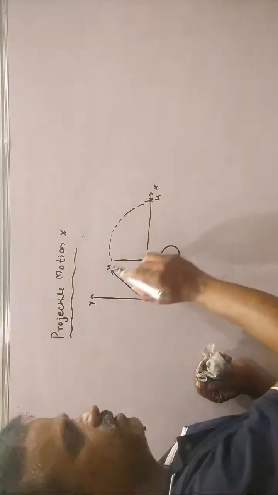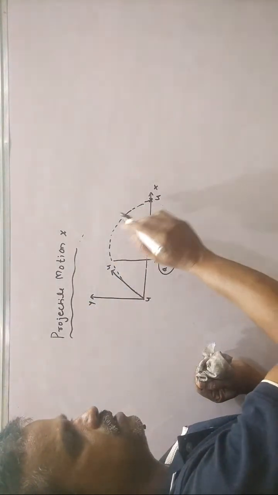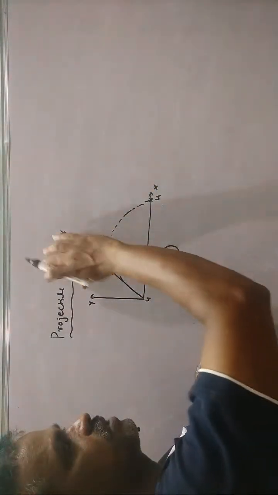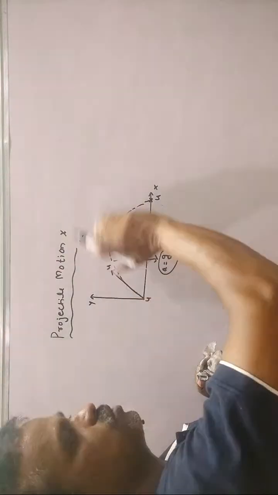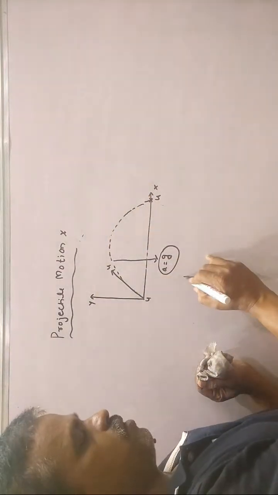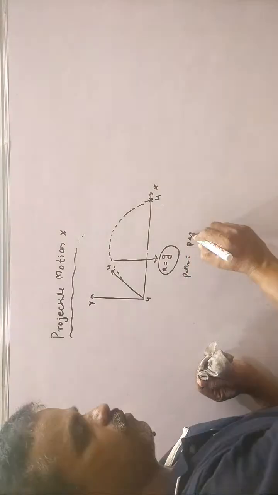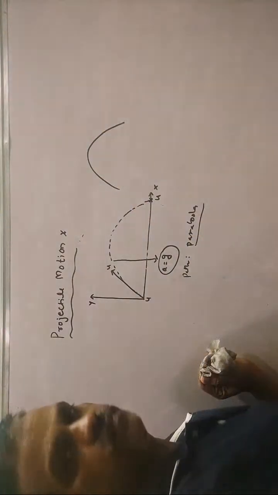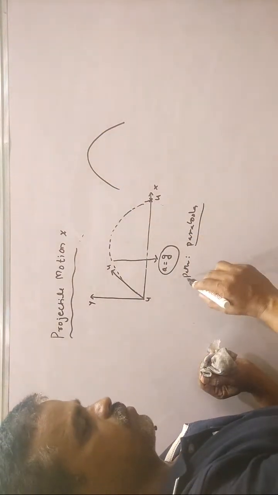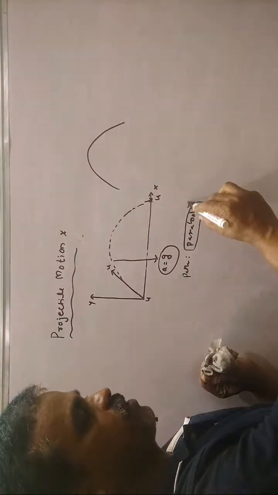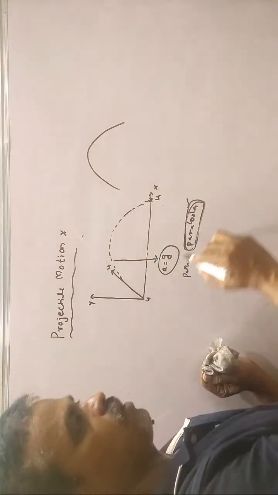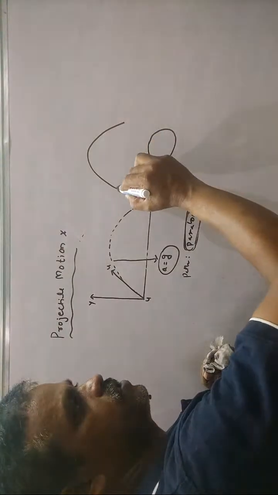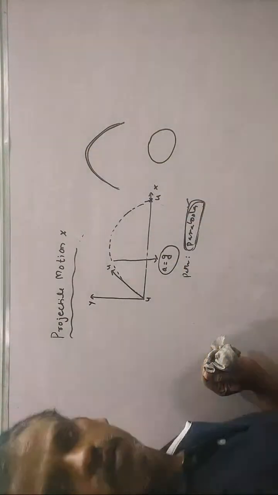Then we can say the projected body is in two dimensions. Projectile motion is in a plane. So projectile motion is nothing but the body moving in a plane. This is the xy plane. So the path of the body is a parabola. Parabolic shape is this one. So the path of the body in projectile motion is a parabolic path. Generally we know this is a circle, so this shape is a parabola.